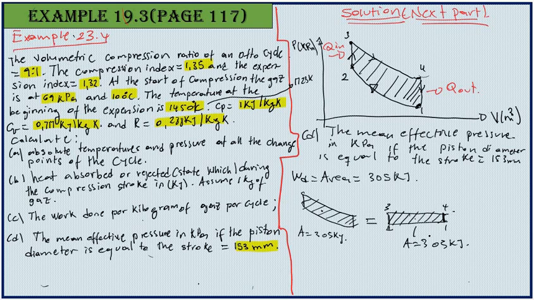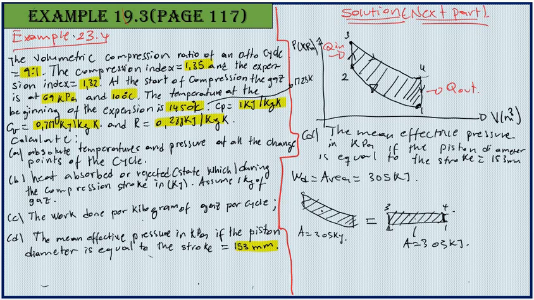And we know how to determine the area of the rectangle. The area of the rectangle is given by the longest side multiplied by the height. The longest side represents the volume, because we remember that we are in a PV diagram.